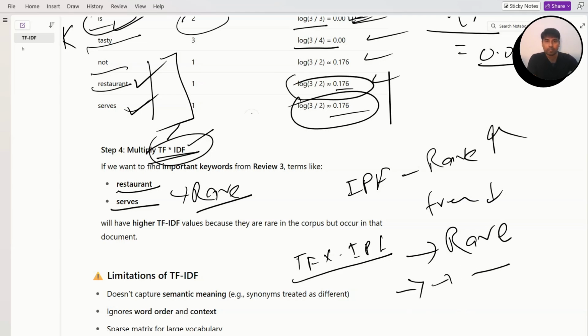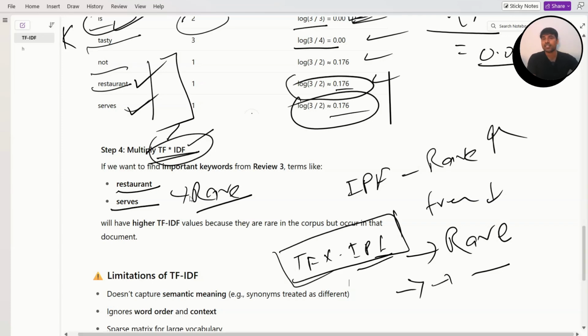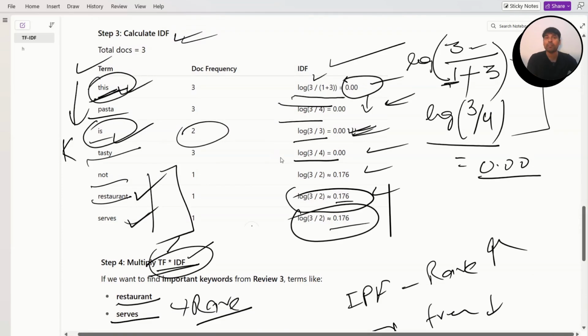So this way, by combining TF-IDF, I'm giving more weightage to rare words and lesser weightage to stop words like a, and, the, is, because they don't carry much weightage or context. This way it gives you weightage or importance.